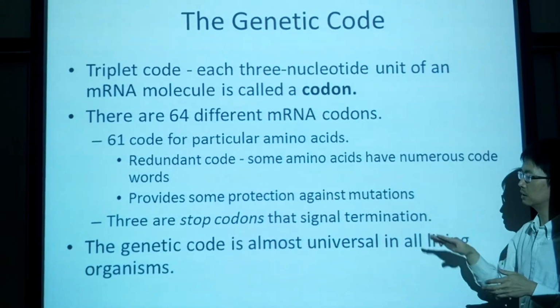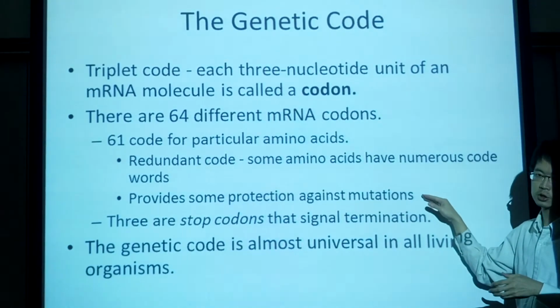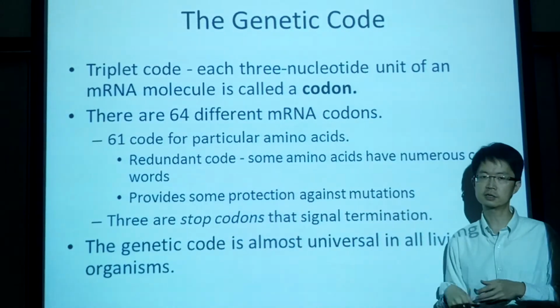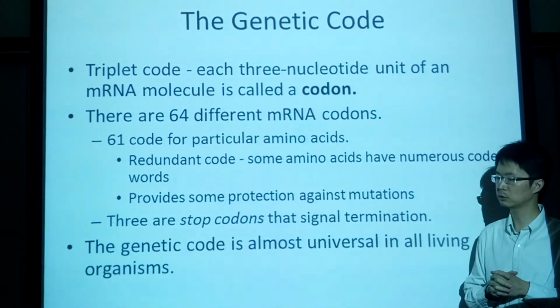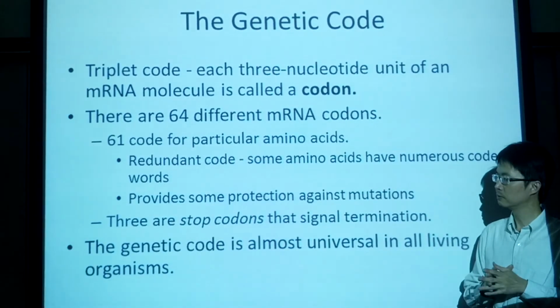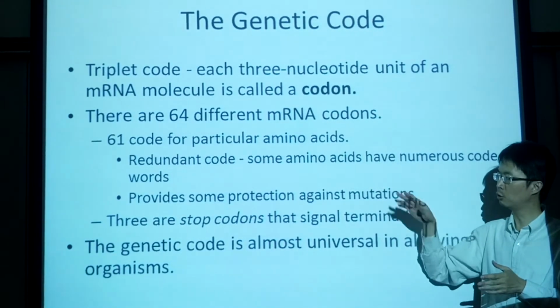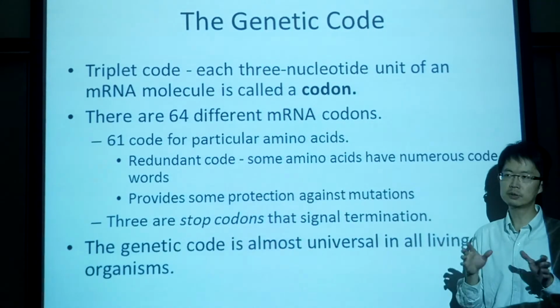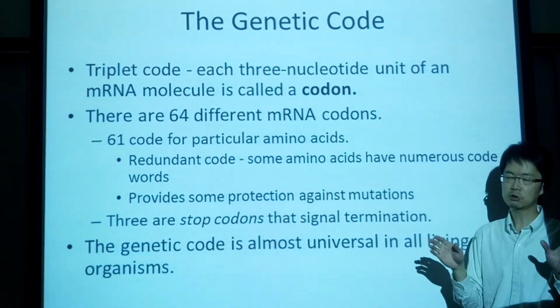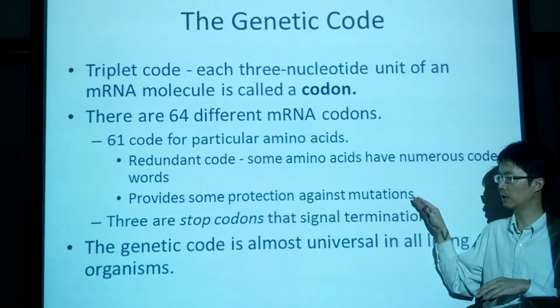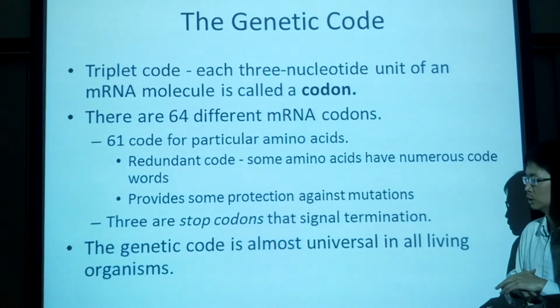Why is it? In order to prevent mutation. When mutation occurs, at least they still code for the same amino acid. So it's like a protective mechanism. The repeated redundant code means more than one triplet codon can code for the same amino acid. It helps to protect against mutation.